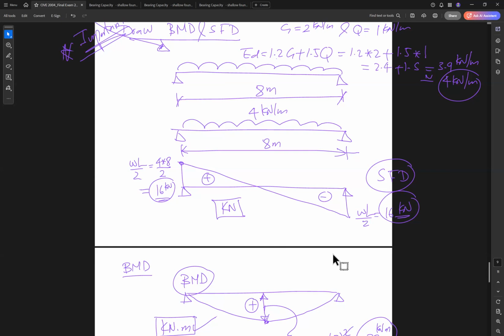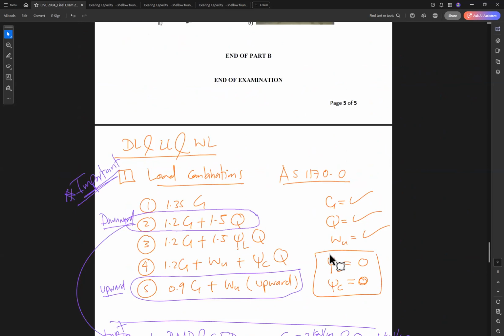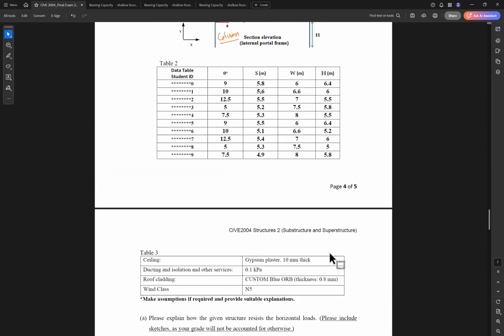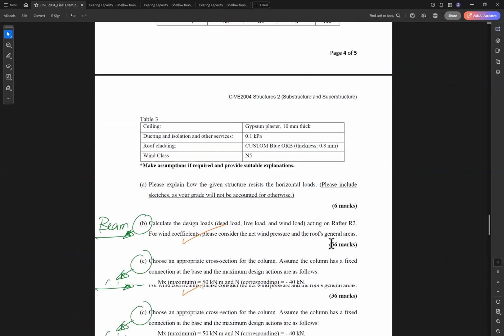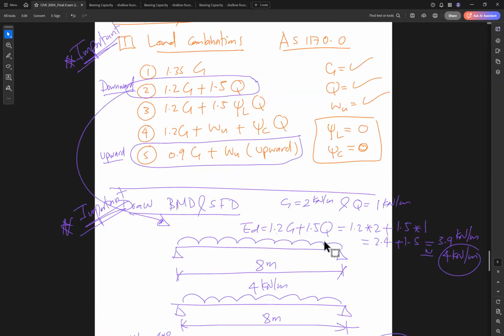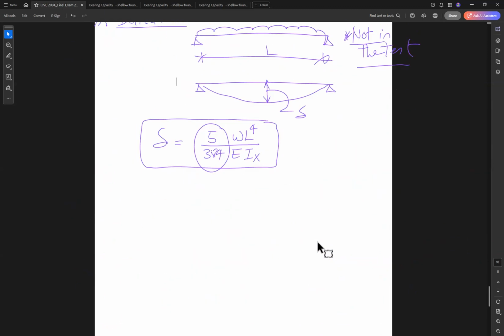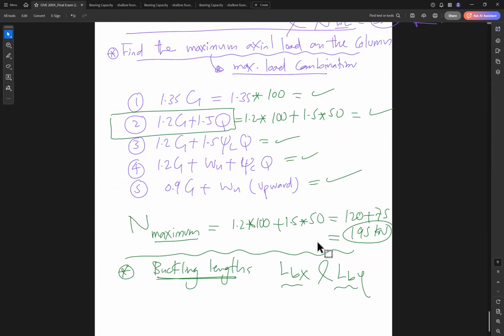Okay, so if we go here, if this is our column, to find LBX and LBY.